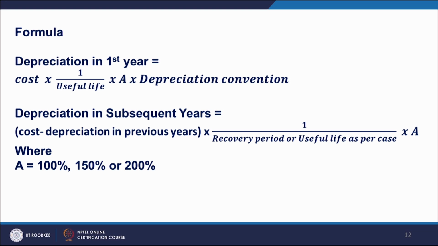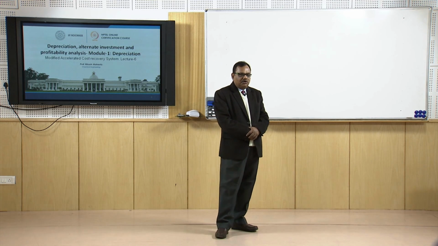Now, the depreciation in subsequent years is cost minus depreciation in the previous years, times 1 by service life times A, where A can be 100%, 150% or 200%. In a double declining method, which is a 200% method, the value of A will be 2, and in a 150% DDBM it will be 1.5.